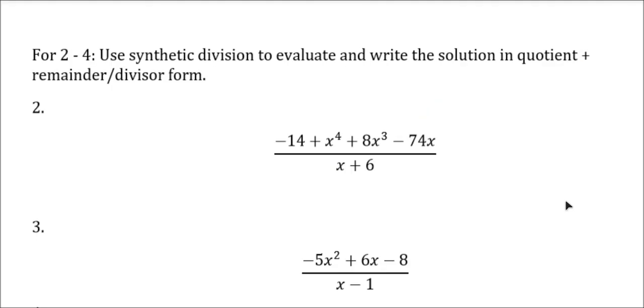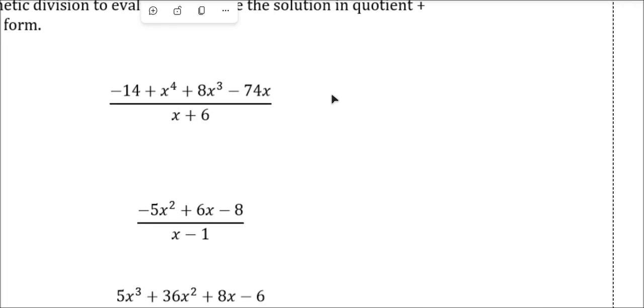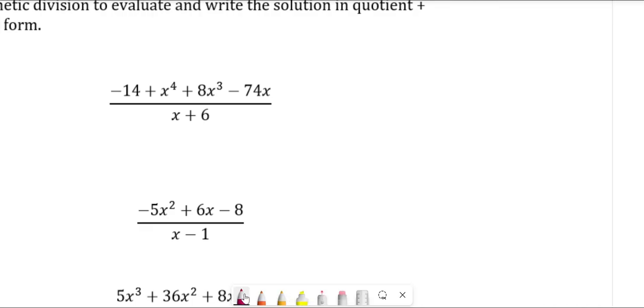These next exercises want us to use synthetic division rather than long division. Synthetic division is especially useful when we have a divisor of the form x minus c. In order to, however, correctly encode the synthetic division, we're going to need to rewrite this polynomial here in descending order.